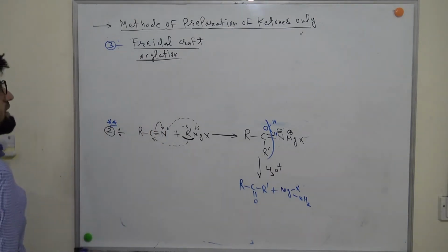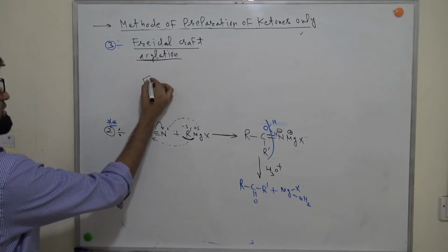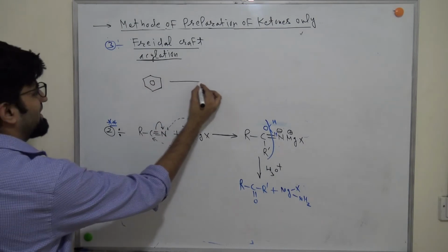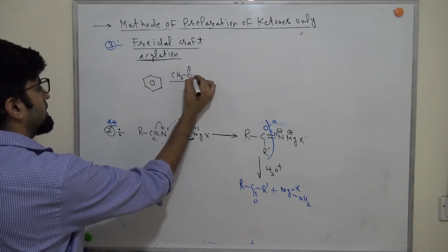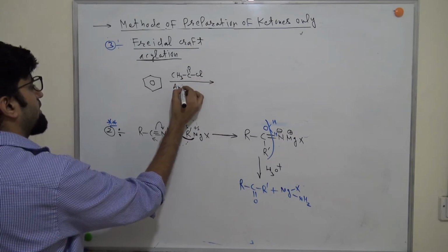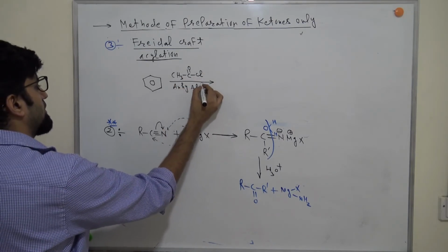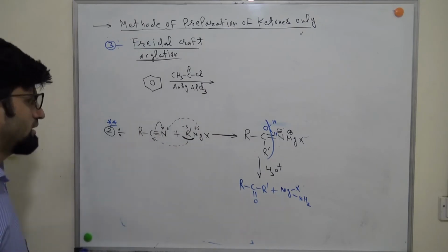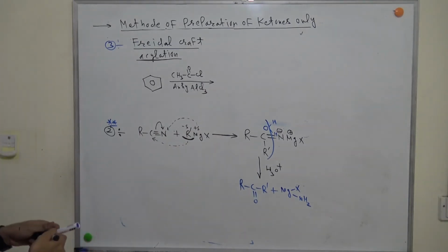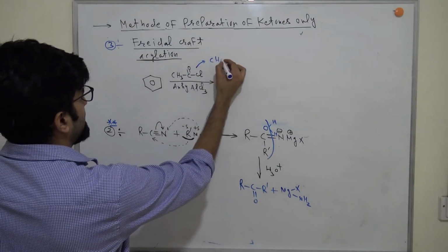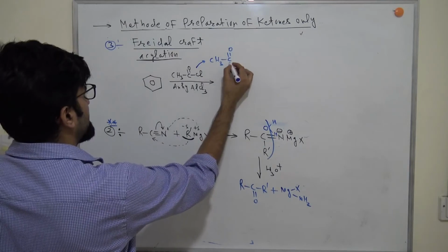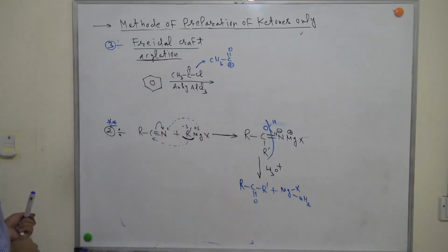I think everyone knows that. Benzene, acyl chloride CH3C double bond O Cl, then anhydrous AlCl3. Electrophilic substitution reaction of benzene. So in this reaction you have to think about the electrophile. AlCl3 acts as a Lewis acid, so it will generate this as an electrophile. The Cl bond will break and this will be generated as the electrophile. Now this will attack the benzene.